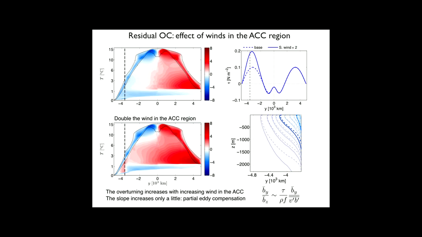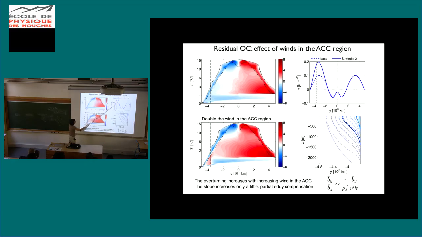But if you increase the wind, for example, in the Southern Ocean and make it more realistic, because the other calculation had a symmetric wind, westerlies in both hemispheres of the same strength, easterlies in the tropics of the same strength. If you do a more realistic calculation where the wind stress in the Southern Ocean is closer to the roaring 40s and so forth, then you get a very strong circulation.